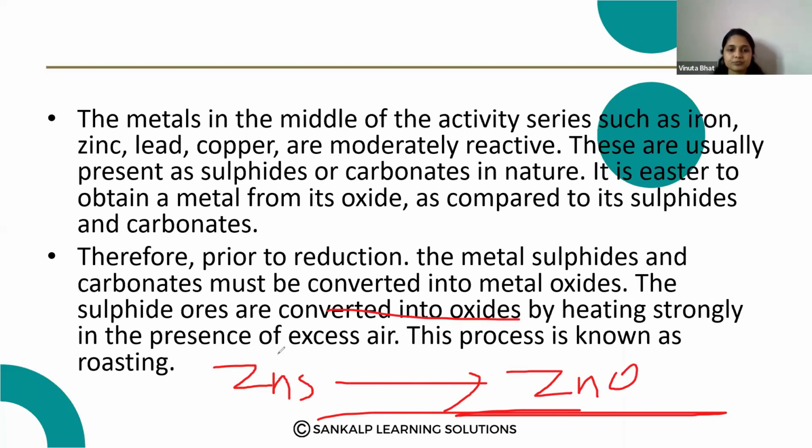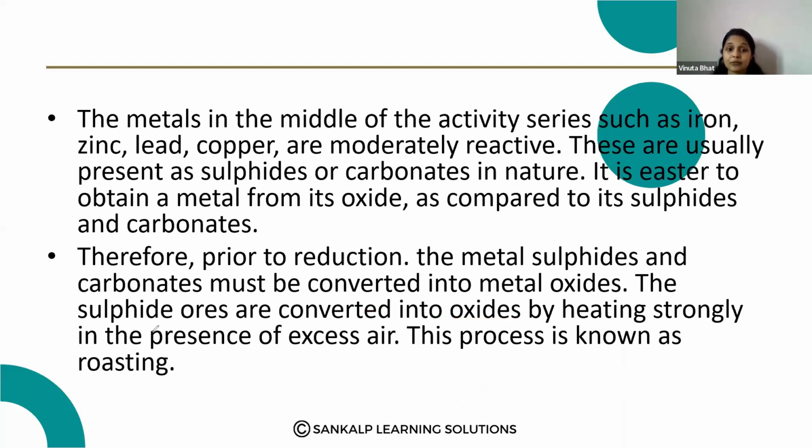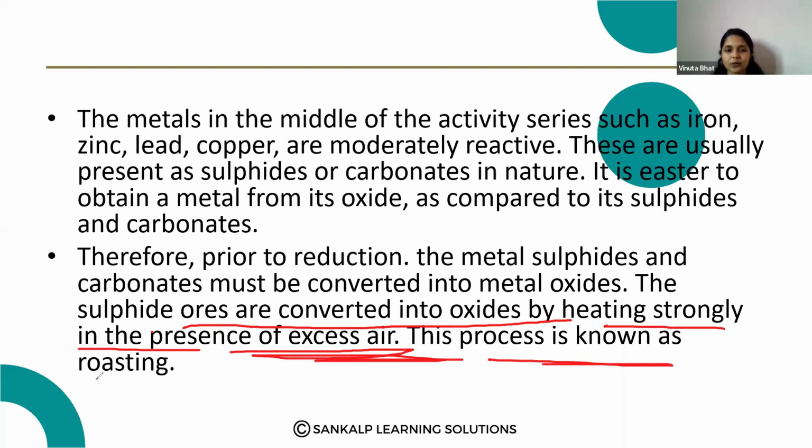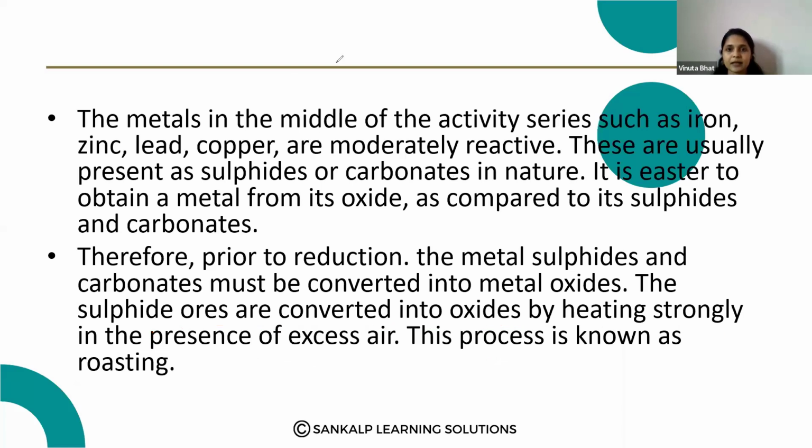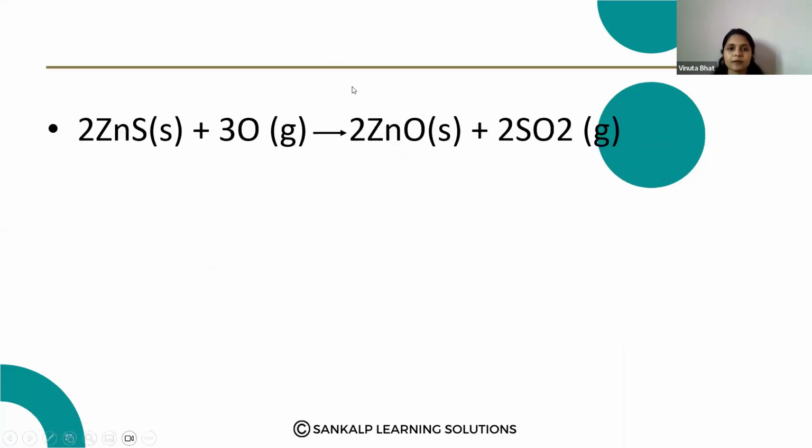Okay, so the sulfide ores are converted into oxides by heating strongly in the presence of excess air. This process is known as roasting. Here, this is the roasting process: zinc sulfide in the presence of oxygen gives zinc oxide and sulfur dioxide.